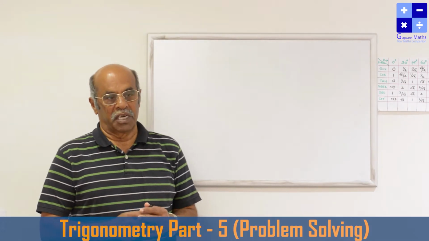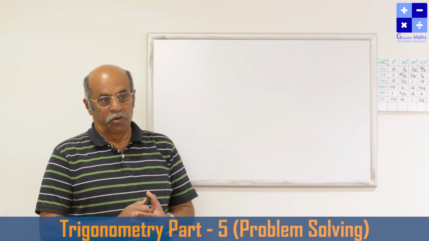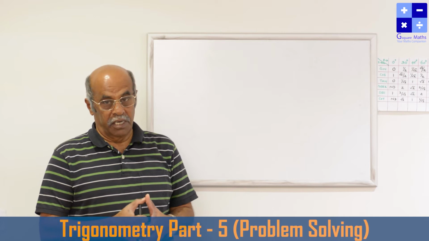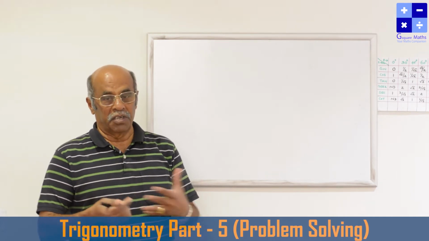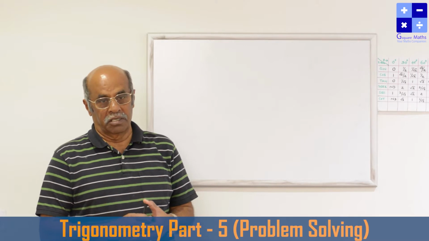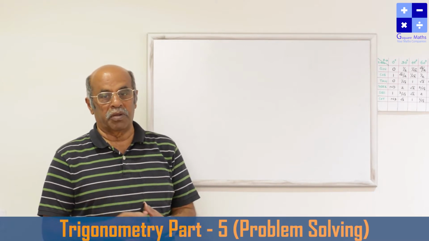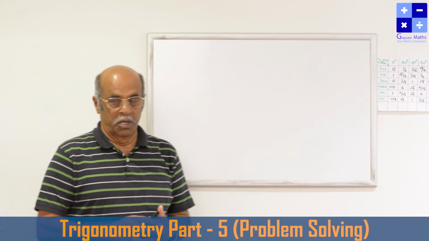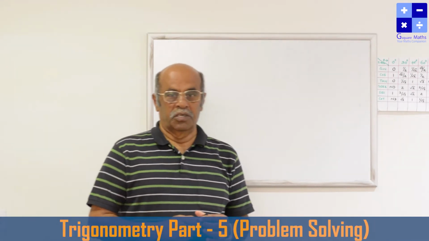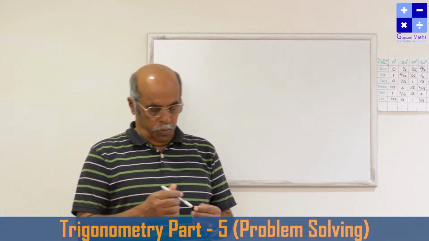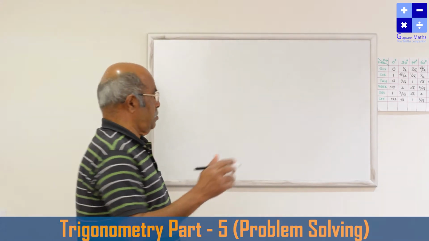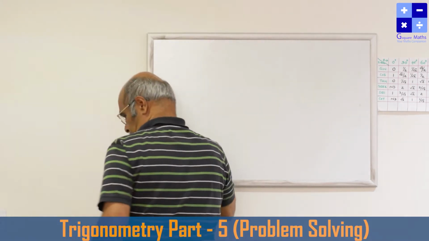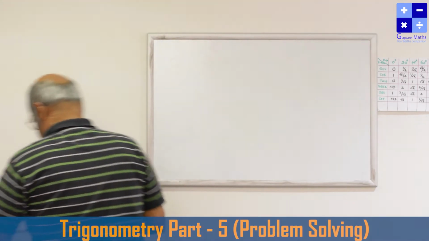We also studied yesterday the complementary angles and the trigonometric values of complementary angles. These are the things we have covered so far. Today we are going to see some problems related to this, so let me take a problem.